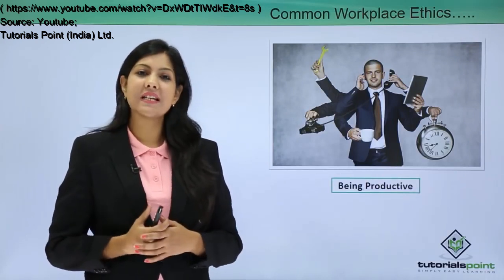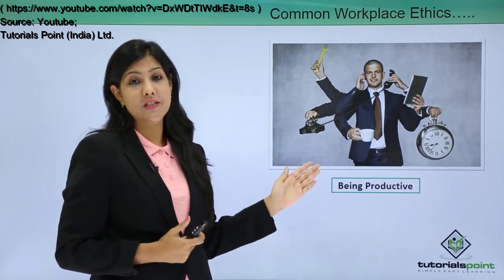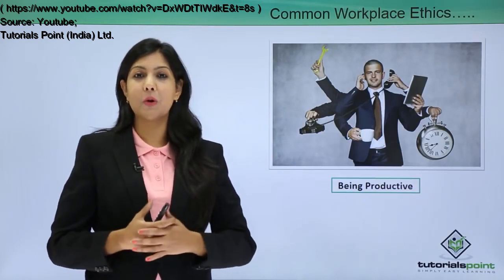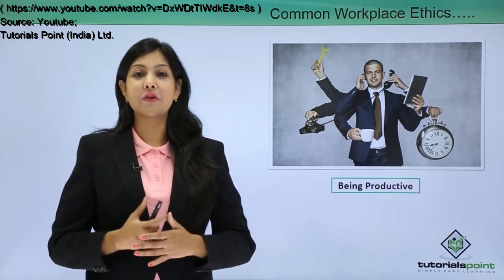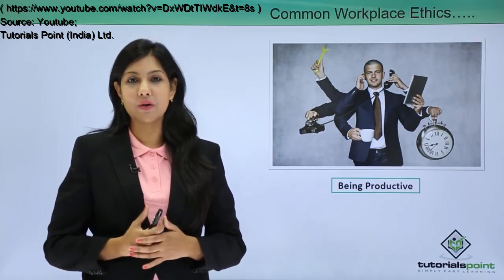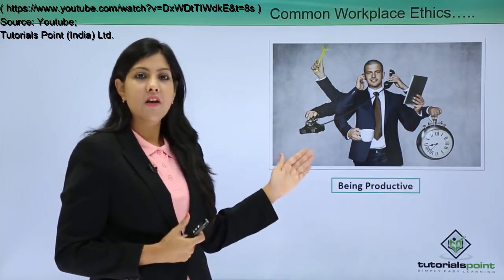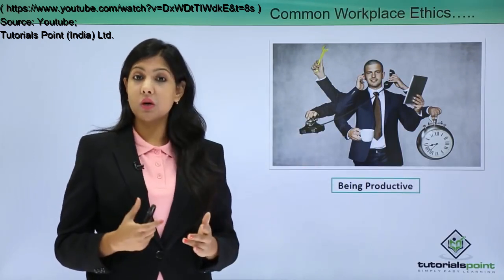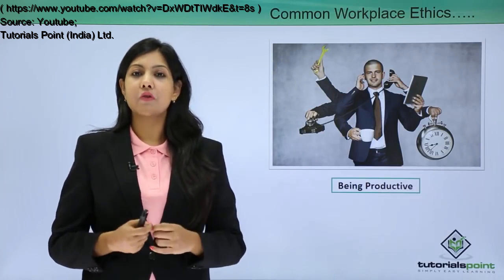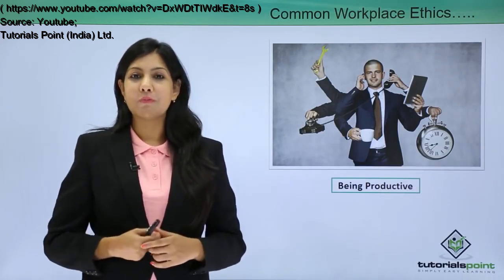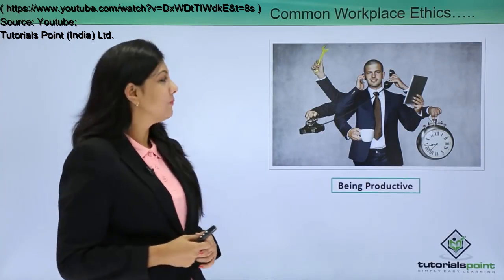It's important to understand that you need to show yourself as a productive employee, and that is something that will give you really good brownie points. So show yourself as somebody who's productive at work. Try and understand that people really give weightage to those people who are productive at work.